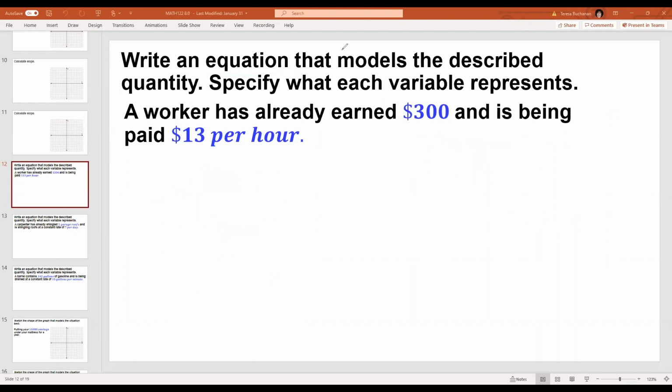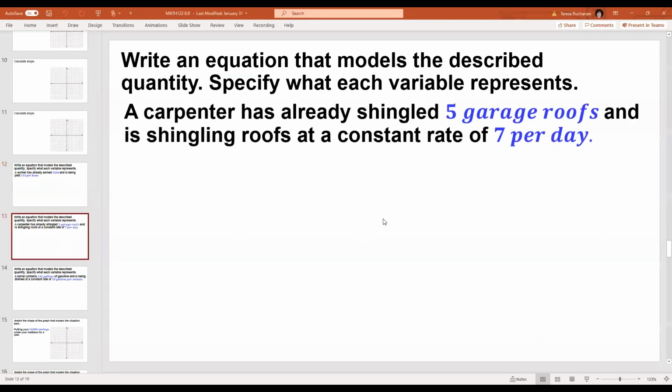And so there's one similar to that here on the next slide. It is very much the same. The story is a little different. Carpenter's already shingled 5 garage roofs. And he's now shingling roofs at a constant rate of 7 per day.